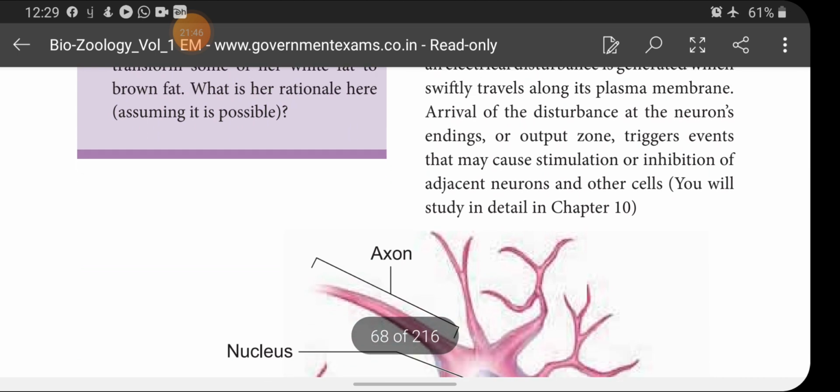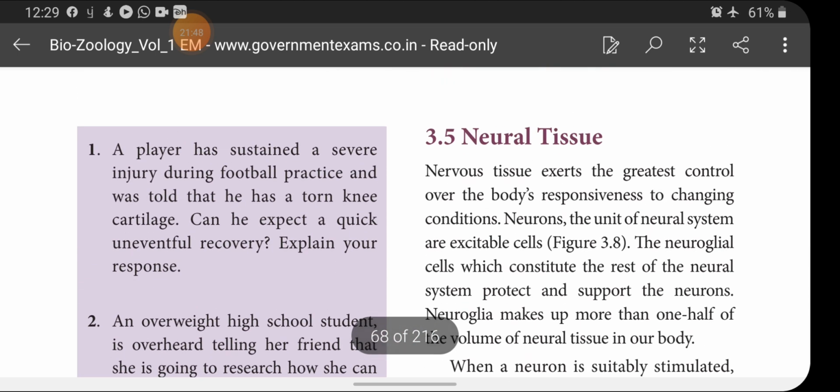The last one we are going to see is neural tissue. Yes, of course, it is a tissue present in the nervous system of our body and also in the nerves of our body. Nervous tissue exerts the greatest control over the body's responsiveness to changing conditions. Neurons, the units of the neural system, are excitable cells. The neuroglial cells which constitute the rest of the neural system protect and support the neurons. Neuroglia make up more than half of the volume of neural tissue in our body.